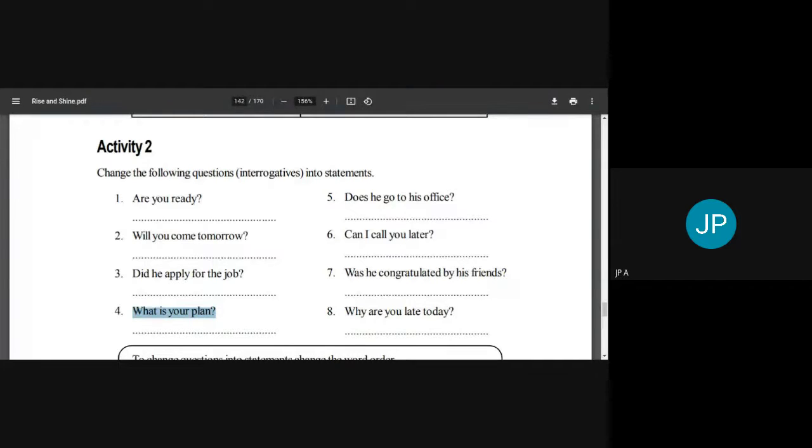There are at least two ways in which we can make it into a statement. Very good, Shima. It is your plan is correct. Okay, it is your plan. This is your plan.